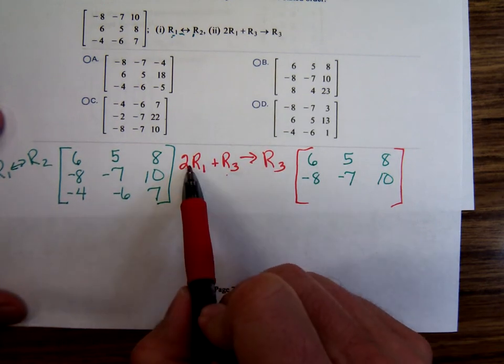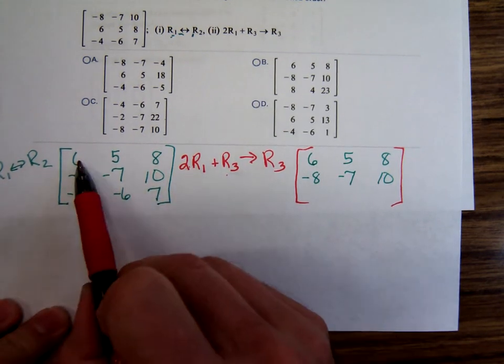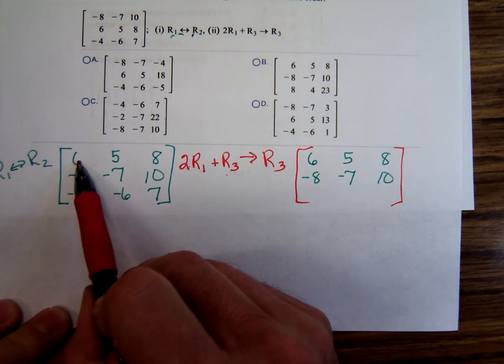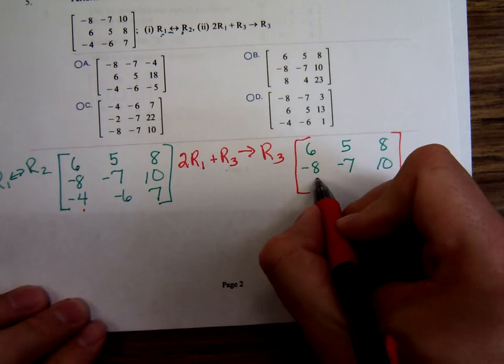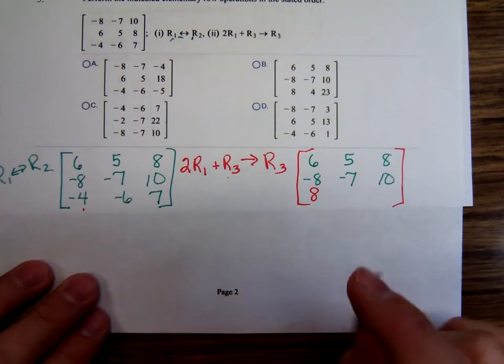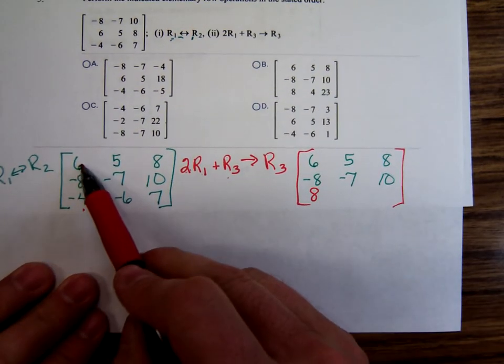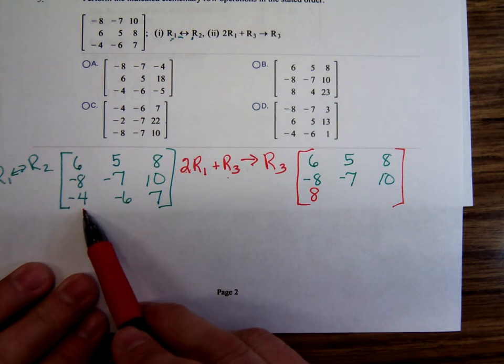So I'm going to go 2 times 6 is 12, plus a -4 is 8. Y'all see what I did? 2 times 6 is 12, minus 4 is 8.